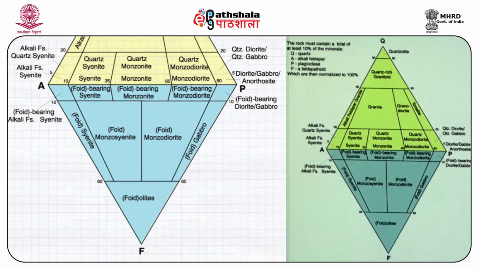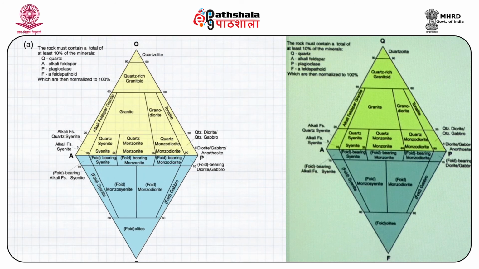Now, as I told you, if you go from more felsic rocks, which are quartz bearing, to more mafic rocks, here we are showing plagioclase, pyroxene and olivine. Rocks with more than 90% plagioclase are called anorthosite.